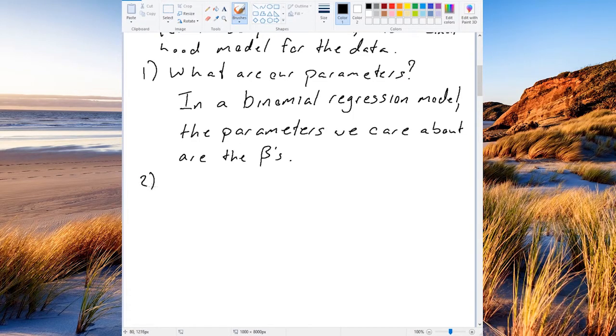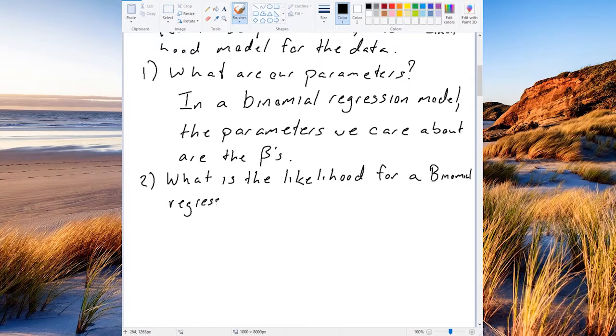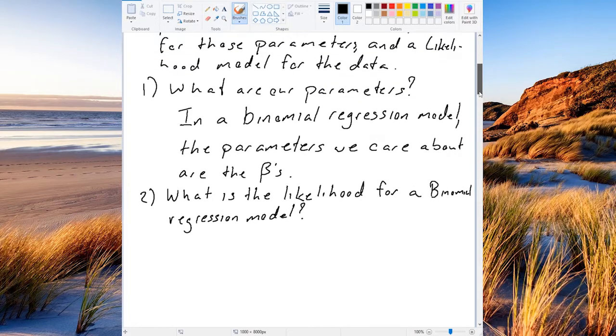Now I'm going to do the likelihood second, because we're going to spend quite a bit more time on the prior. So what is the likelihood going to look like for this model? Okay, so likelihood for a binomial regression model.